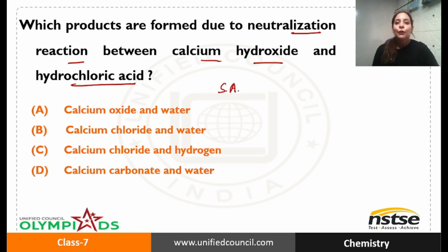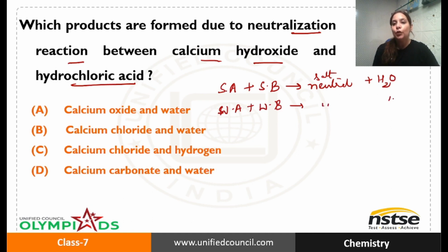Neutralization is basically a reaction between a strong acid and a strong base, and you get a neutral salt along with water. Neutralization is also the reaction where a weak acid reacts with a weak base. Again you get the same products, because they neutralize each other's effect. That is why you get a neutral salt.